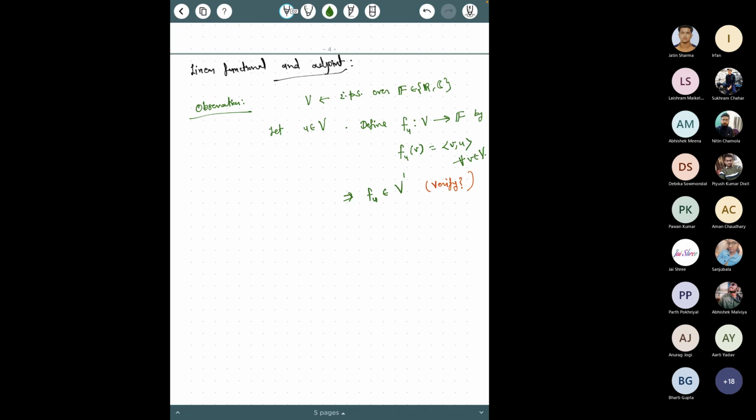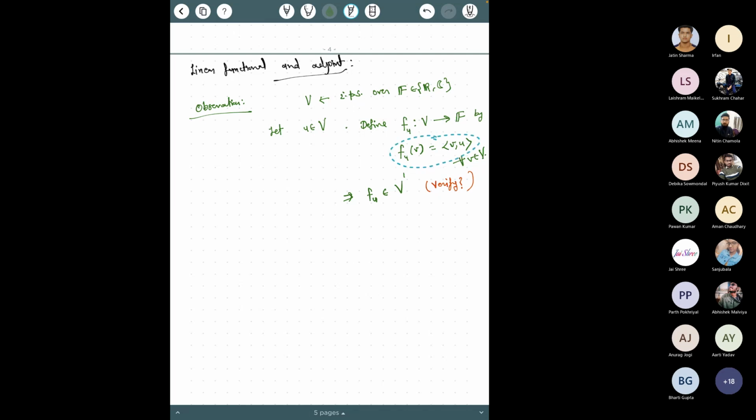But then the question is, can we do the other way also? Can you tell me what would be the converse of this statement? So for every u there is a linear functional on V of this form, F_u of v equal to this.